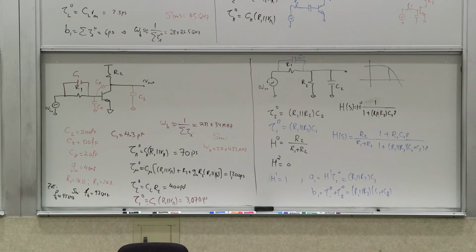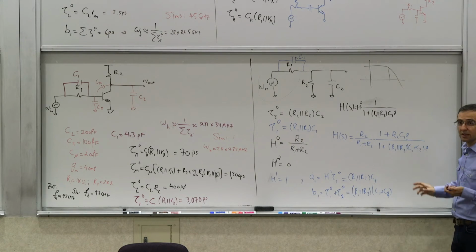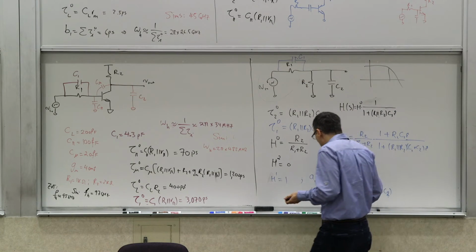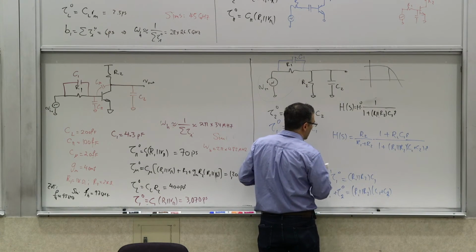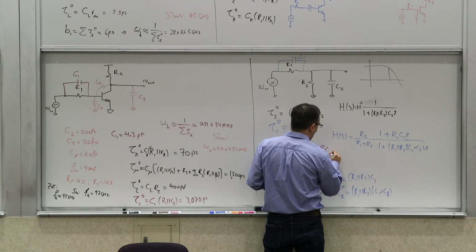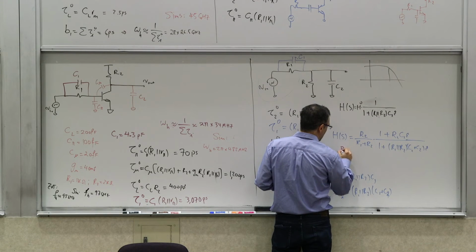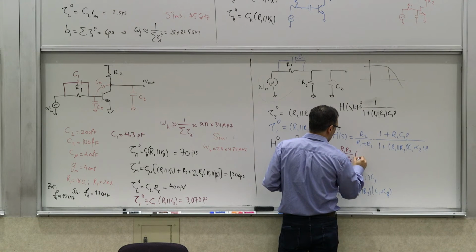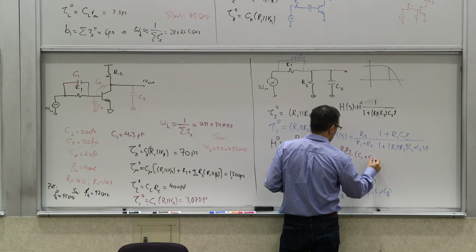Now, what are we trying to do? We are trying to set the frequency of the pole and the zero to be equal. Let's see if we can do that. Basically, it means that R1 C1 should be equal to this thing. Let's see if that's possible, because that may not be possible. Let's write it. R1 C1 equals, expanding that parallel combination, R1 R2 over R1 plus R2 times C1 plus C2.